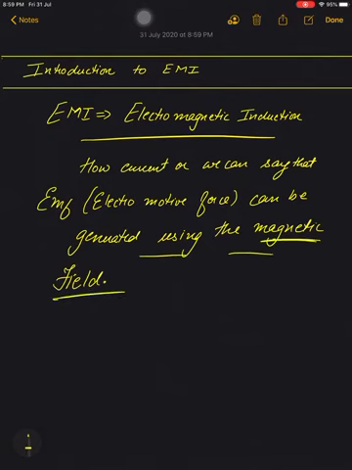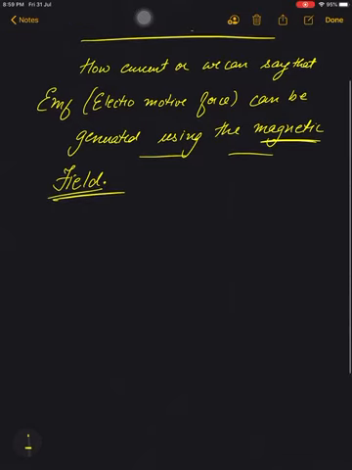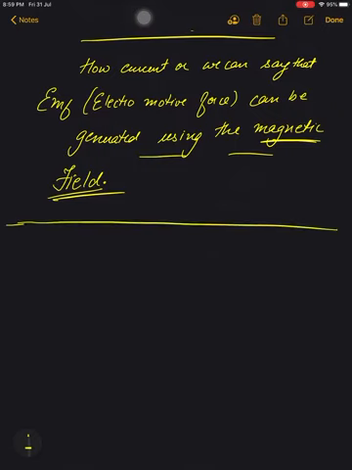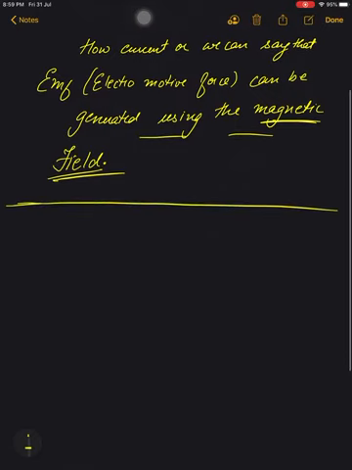So basically we are just going to understand how, using the magnetic field, we can produce the EMF or the current in a conductor. So basically beta, we must understand some things before we start with the chapter.